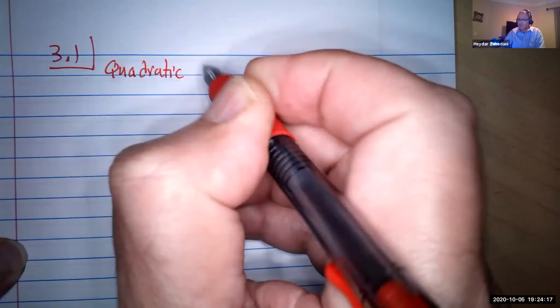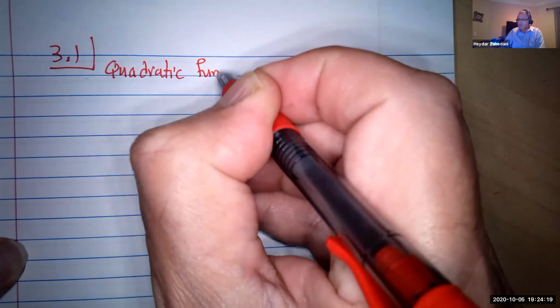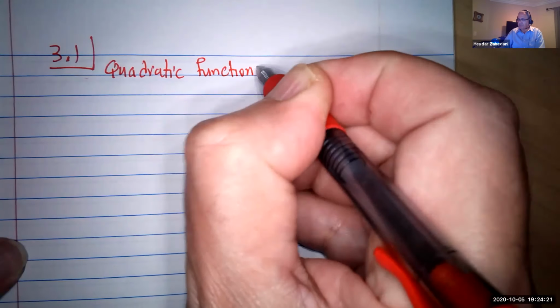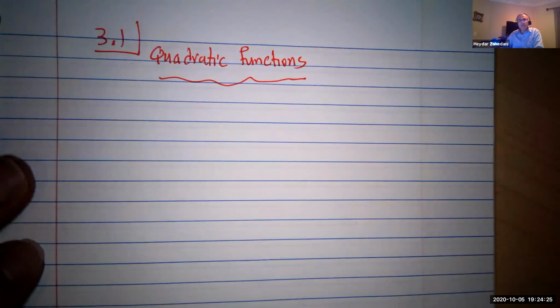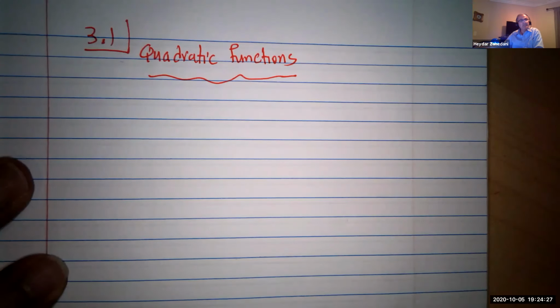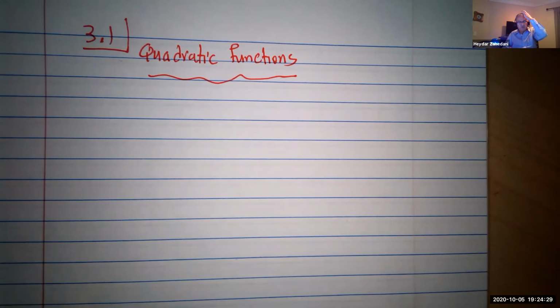Let's see what is quadratic. Okay, quadratic functions, not equation, functions. I give you all the properties first, and then we go to the problems. So, you know, the quadratic function is a function that's expressed by a quadratic expression.